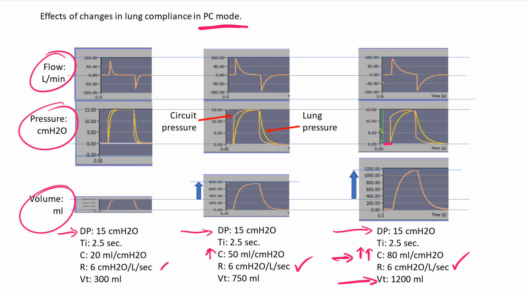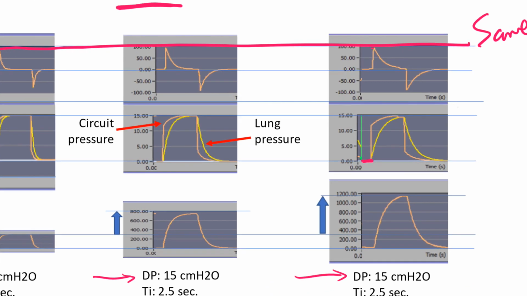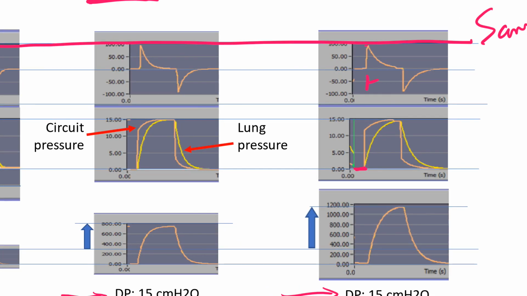But what's very important to realize is that the peak inspiratory flow remains the same. So if we maintain the same driving pressure, we maintain the same peak inspiratory flow, regardless of the patient's lung compliance or the tidal volumes delivered. What does get altered, of course, is our time constant.